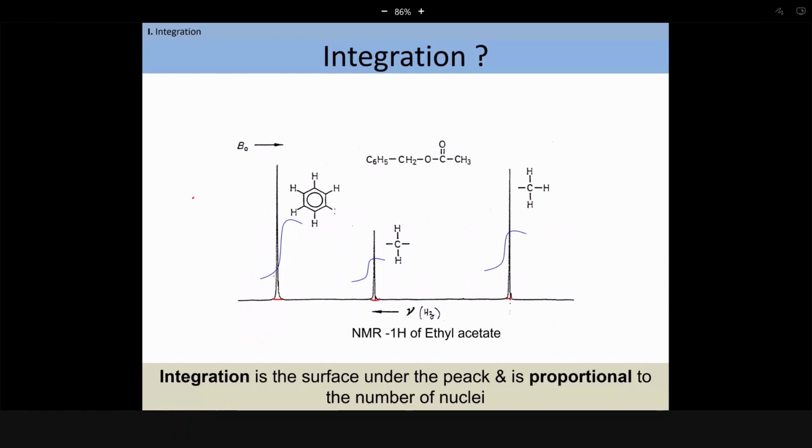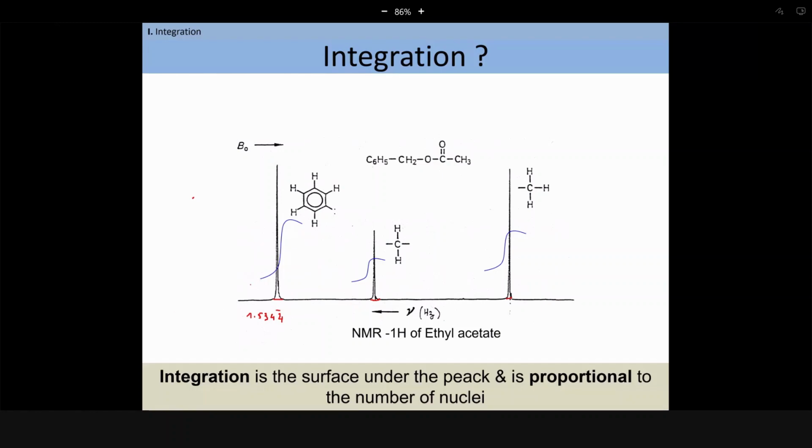And the computer will draw these curves on the spectrum or give you the value here. Usually it's written 1 point, let's say something like that. And for each peak you have a value like that.